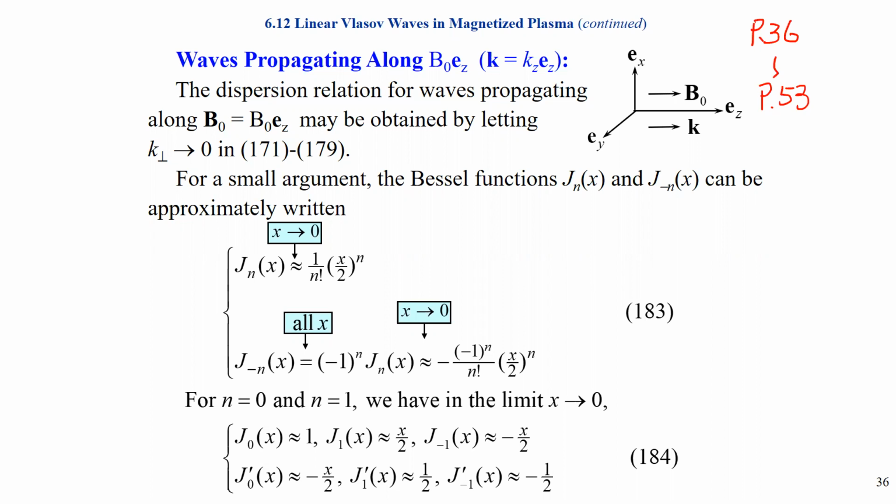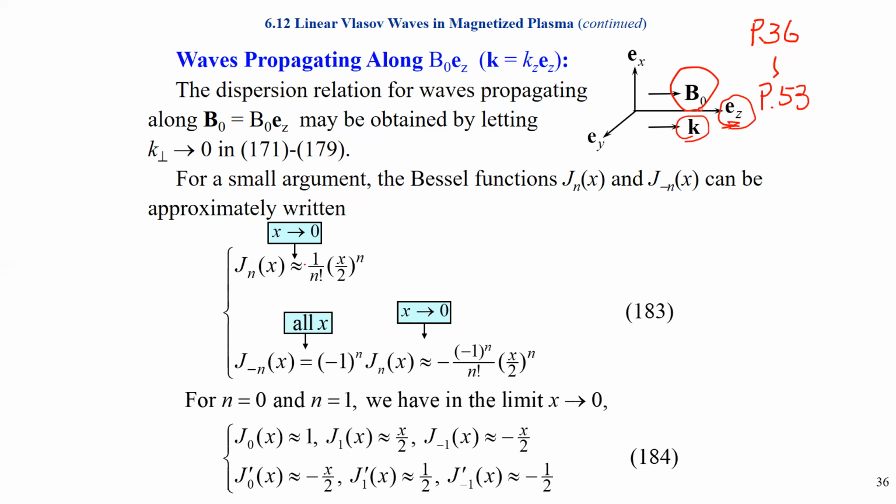Okay, so first, let's consider the wave number propagating in a direction the same as the B0. That is, like this case, B0 in the Z direction and K also in the Z direction.